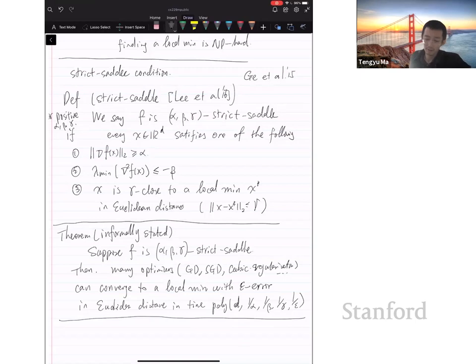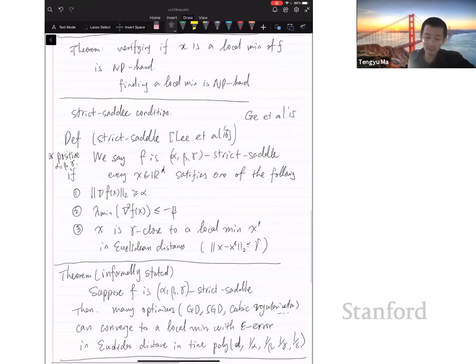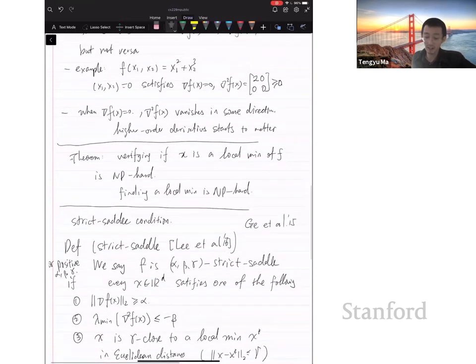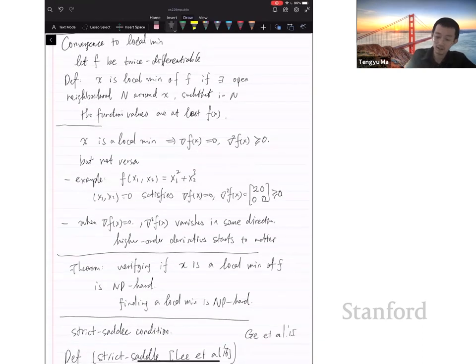All right. By the way, to explain the name strict saddle: the pathological case is a saddle point, right? These are cases where the gradient is 0 and the Hessian is PSD but not strictly positive definite.